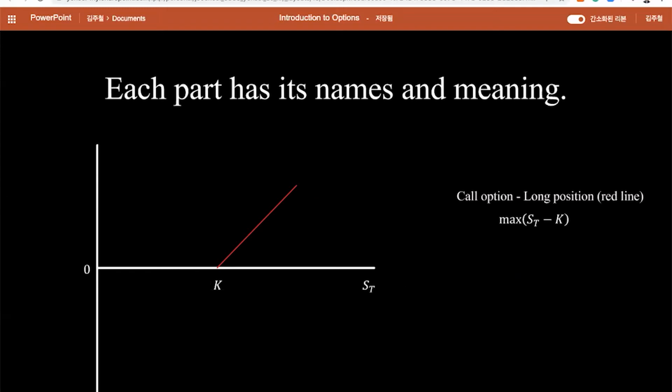Okay, so somebody wanted to have the long position of the call option. Then there must be another person who takes the other side, which means there must be some person who takes the short position of the call option.